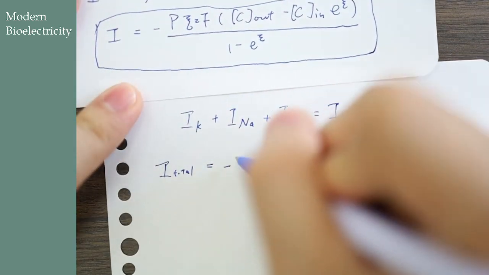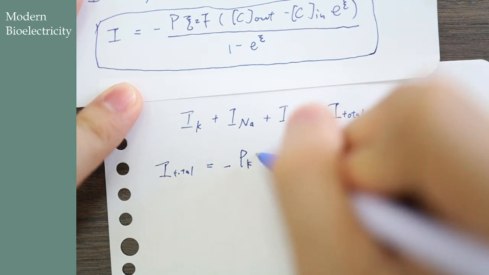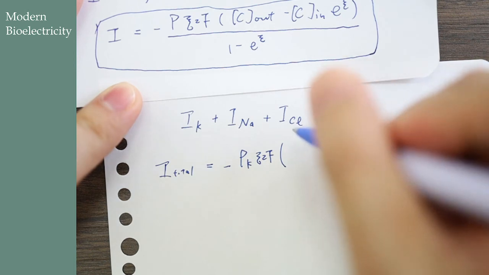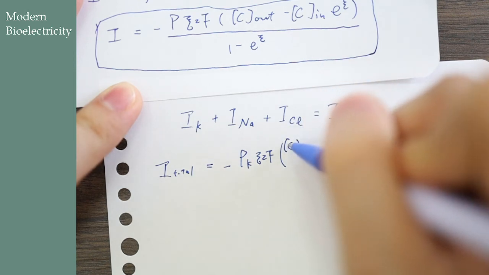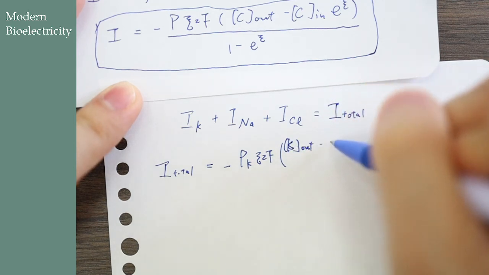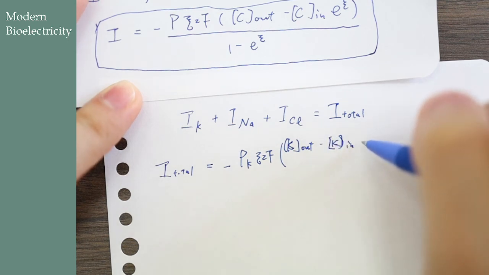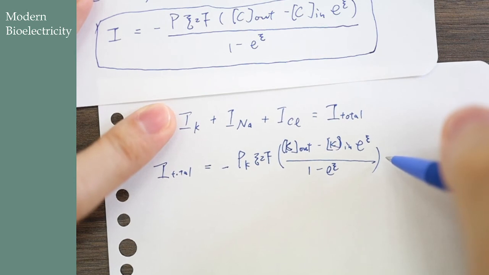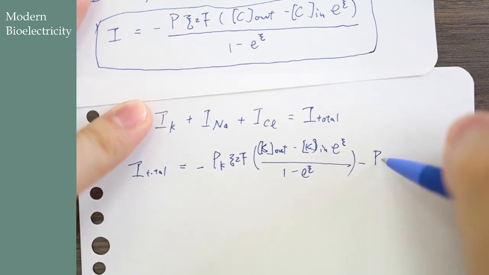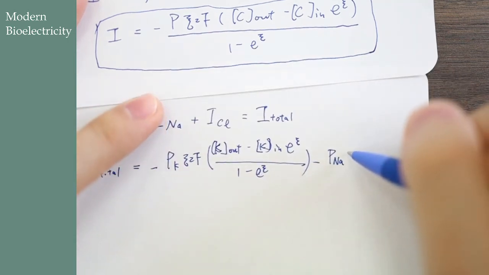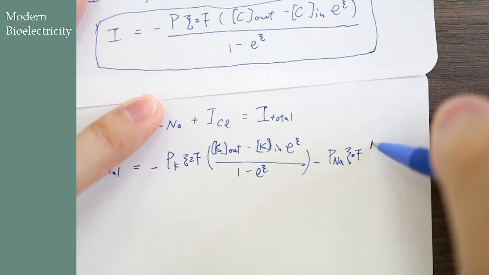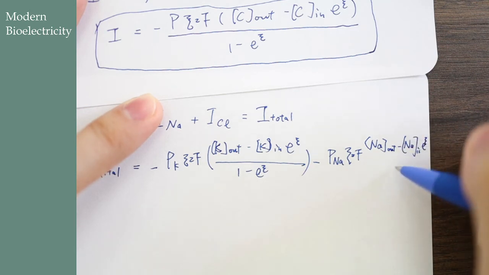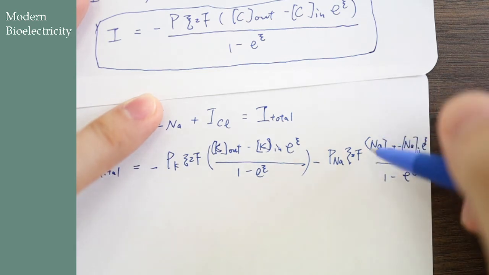equal to minus the permeability of the potassium, times ZF, times the potassium out minus potassium in, EC divided by 1 minus EC, minus the sodium's permeability, times ZF, with sodium out minus sodium in, EC divided by 1 minus EC, right?